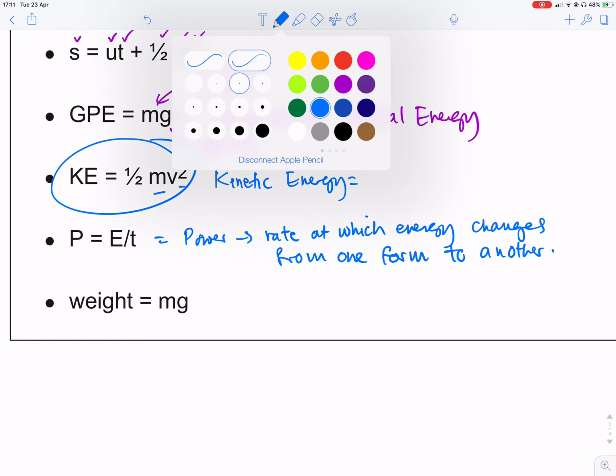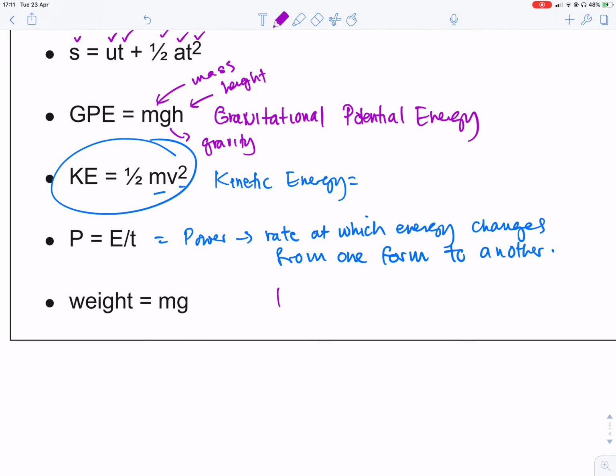So again, for this equation, P can also be W over T, because E and W can both be measured in terms of energy, because basically work is done when energy is changed from one form to another. So work and energy are equivalent in this case. So P can also be W over T.